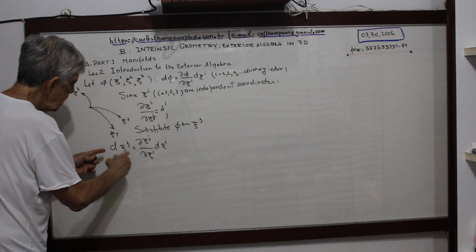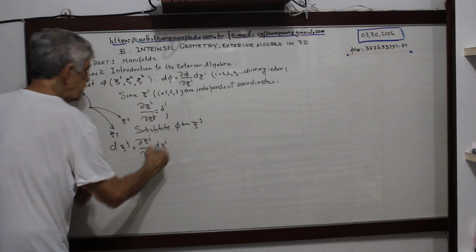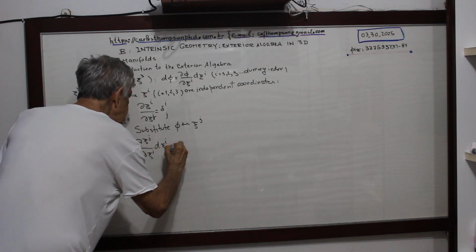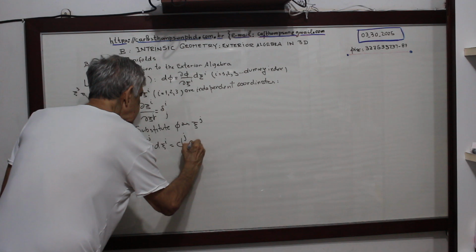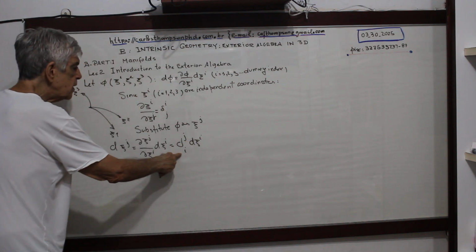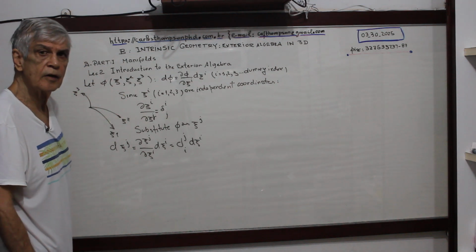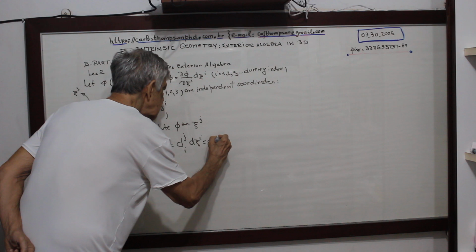You see, I'm just substituting phi by cj. So this is equal to delta ij dxi. Do you remember the property of the Kronecker delta? So this is exactly dxj.